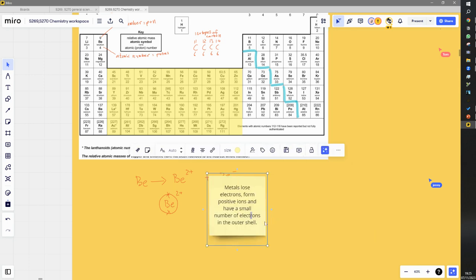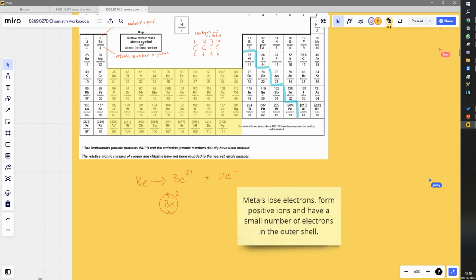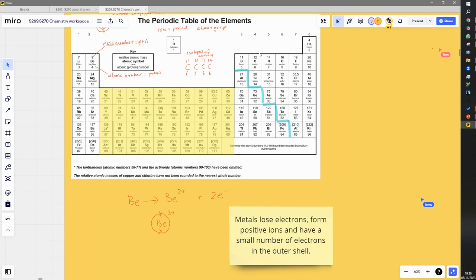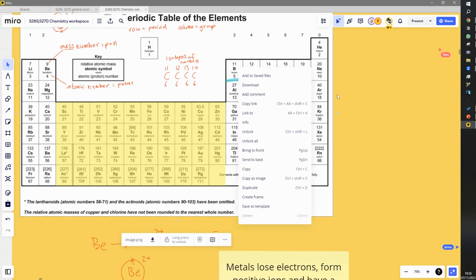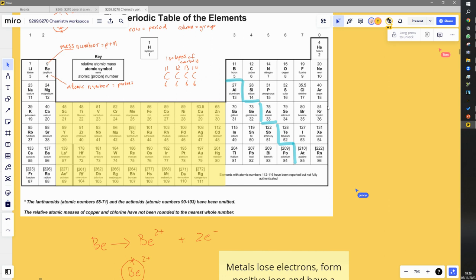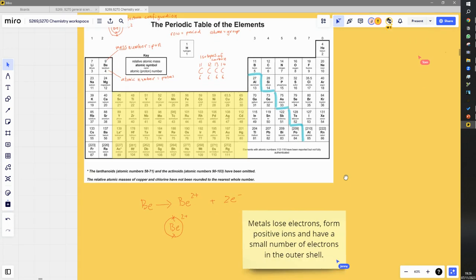And obviously non-metals do the opposite. Non-metals have a more full electron shell. Those are a little bit weird. Like boron only has 3, so it's a bit weird. Why would that one gain electrons? So there's more to the story, but we don't need to know about that.